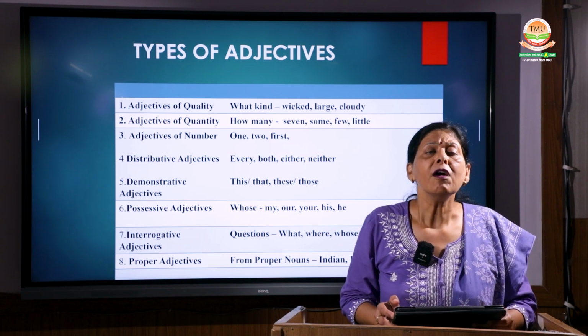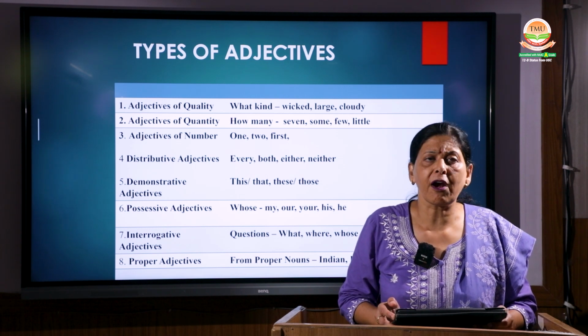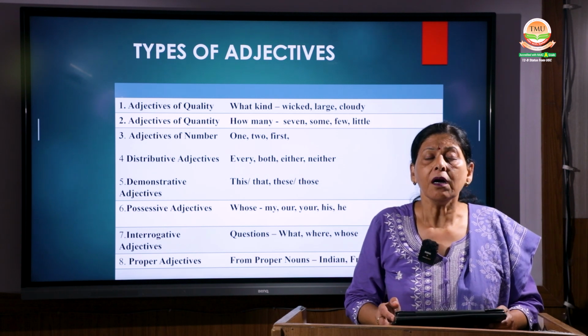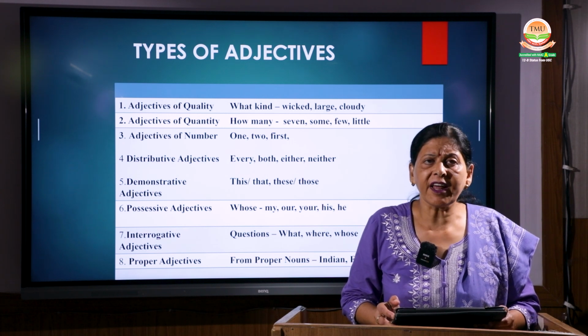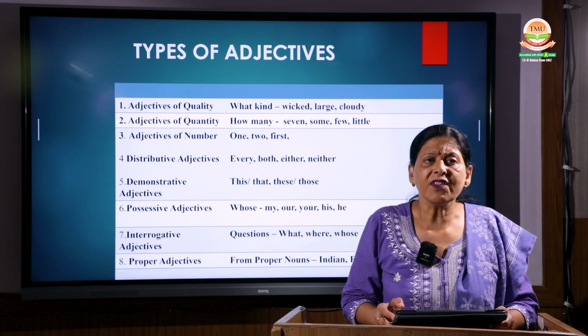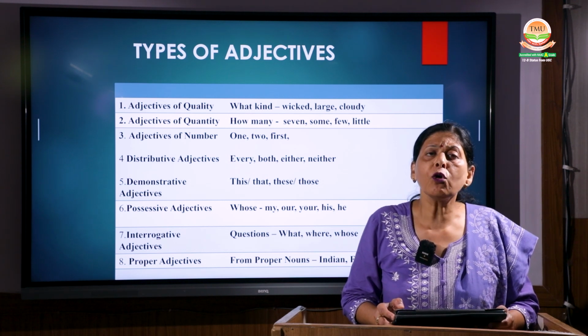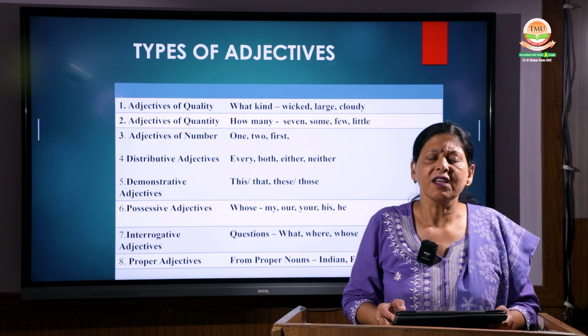This indicates something nearby, and that is used for far off. In the same manner, these are things placed near. So I will point out towards them, these are my pens, those are his pens. Those means something which is far off.